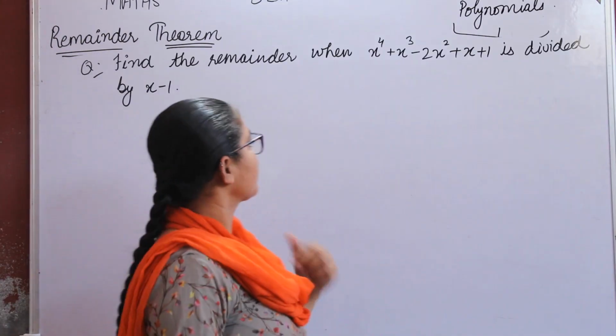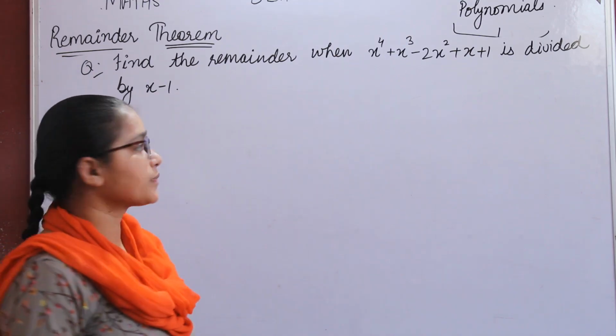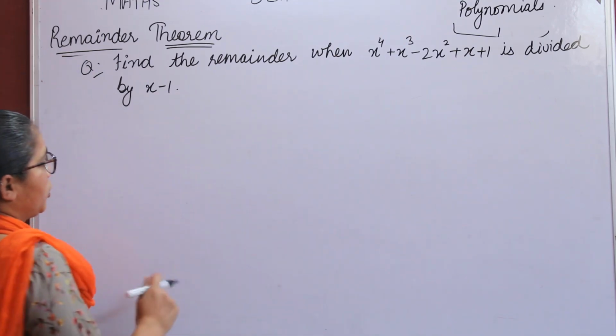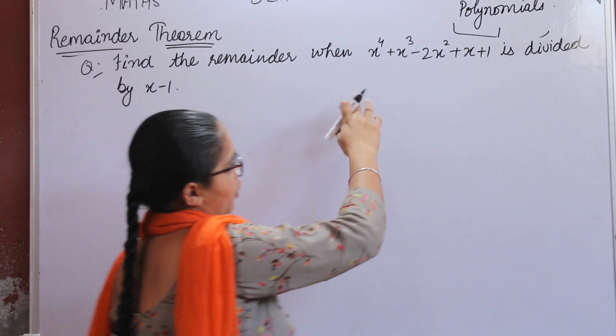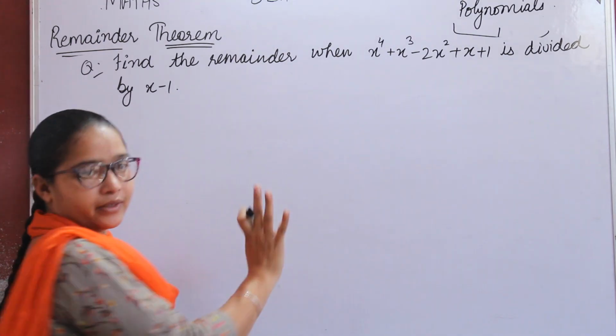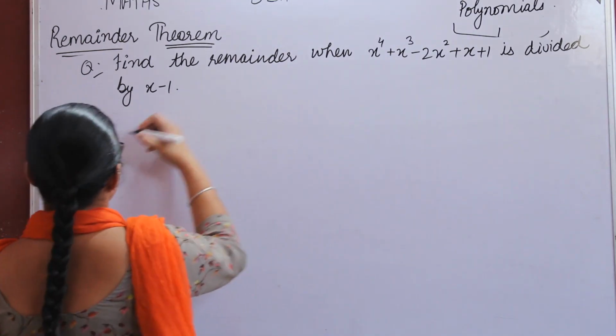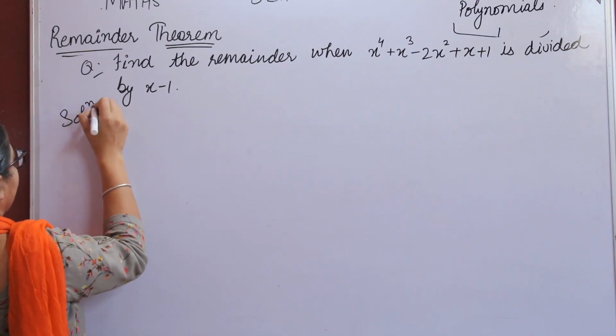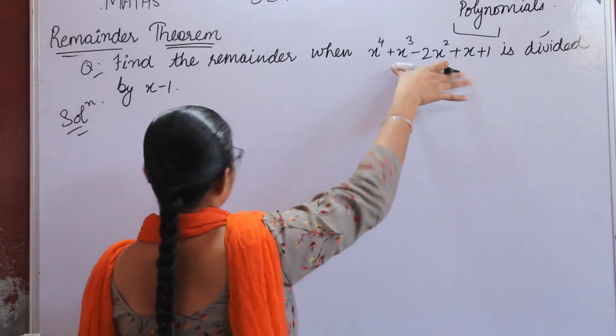Now we are having questions based on the remainder theorem. Find the remainder when this polynomial is divided by this polynomial. So first thing you have to do in the solution is, first of all, write this as p(x).